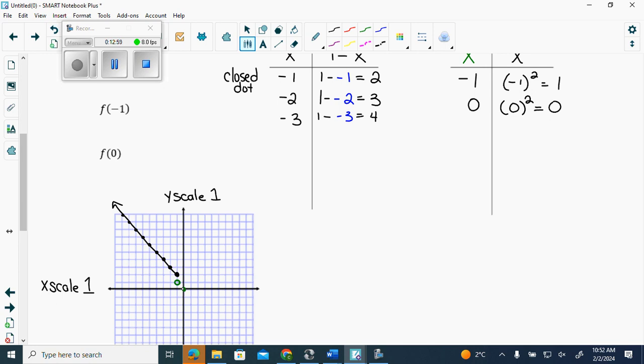And then 1 squared is 1. And then 2 squared is 4. And then 3 squared is 9. And so I get a graph that looks like this.